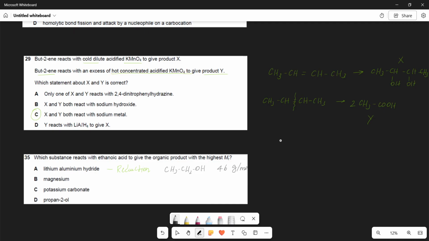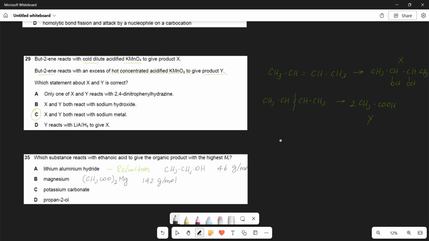I hope I am correct. Then magnesium: when it reacts with magnesium, you are going to get (CH3COO)2Mg. The molecular mass will be 142 if I do the calculation.